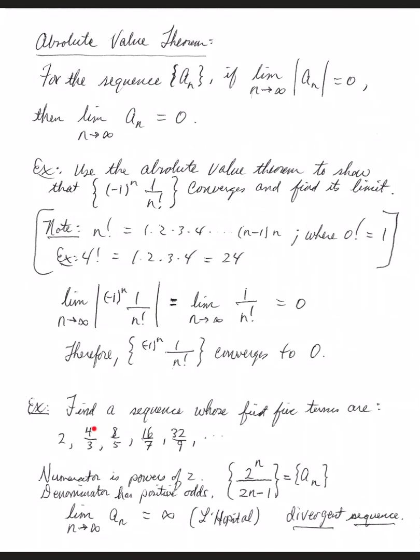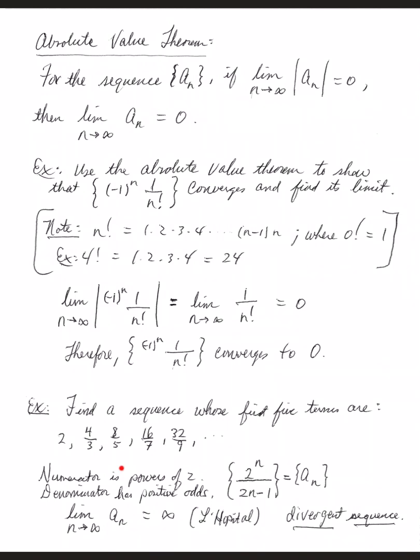All of these top numbers, the numerator values, seem to be powers of 2: 2 to the first, 2 squared, 2 to the third, 2 to the fourth, 2 to the fifth. Our sequence climbs by natural numbers, positive integers.